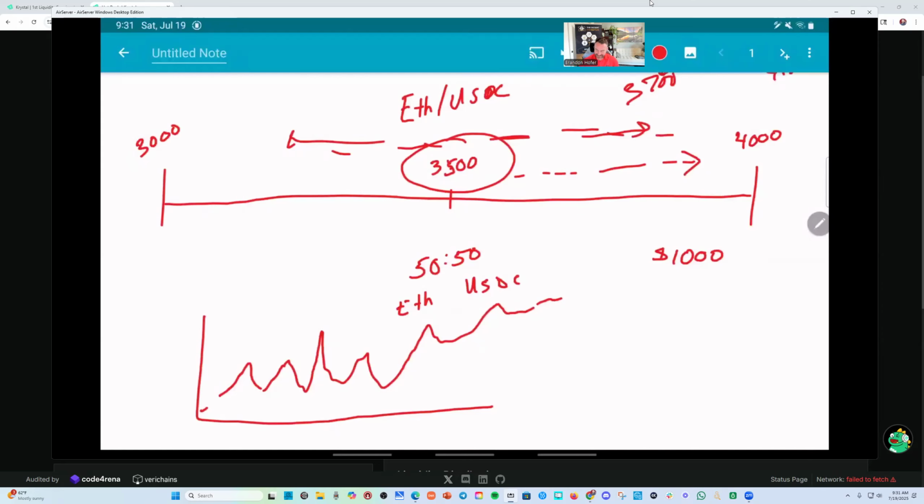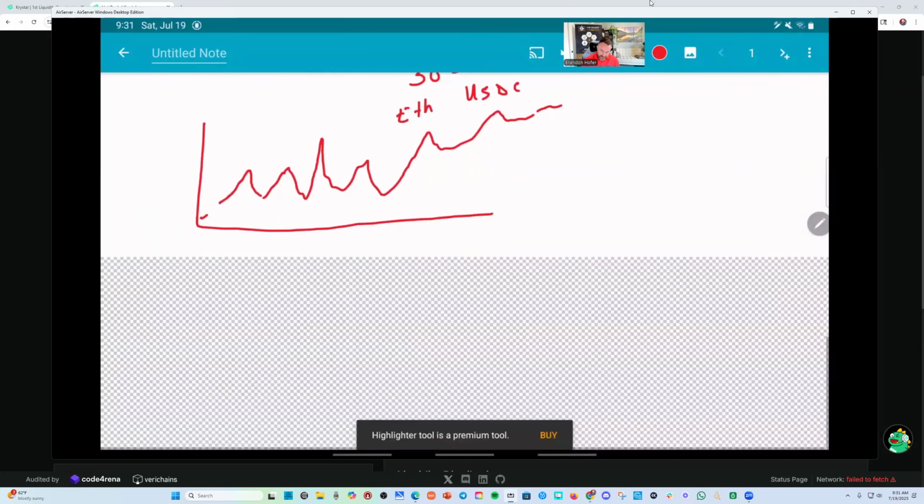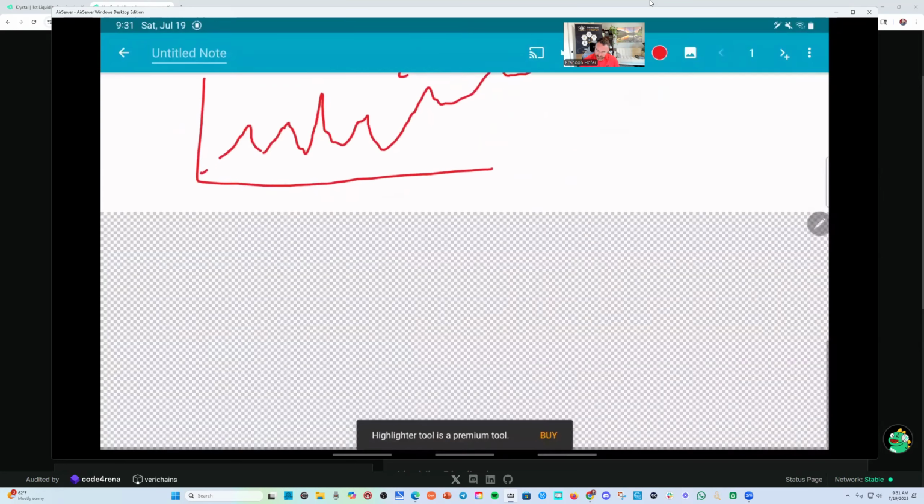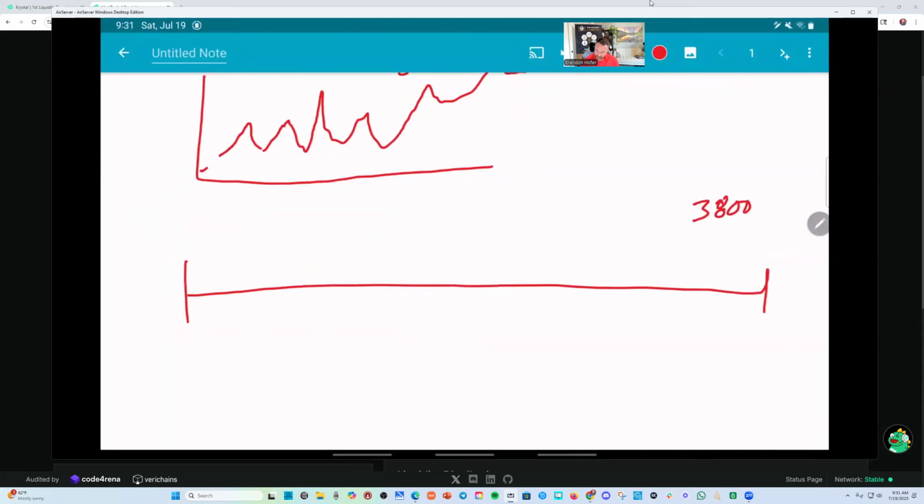That's why it's critical. Okay, so now if ETH goes up to 3,800, my range is set at 3,000 to 4,000. Now my ratio, and I don't know what the exact ratio will be, so I'm making up numbers here just to illustrate the principle, let's say that makes it 80-20, meaning 80% of my position is now in the form of USDC, whereas 20% will now be in the form of ETH.